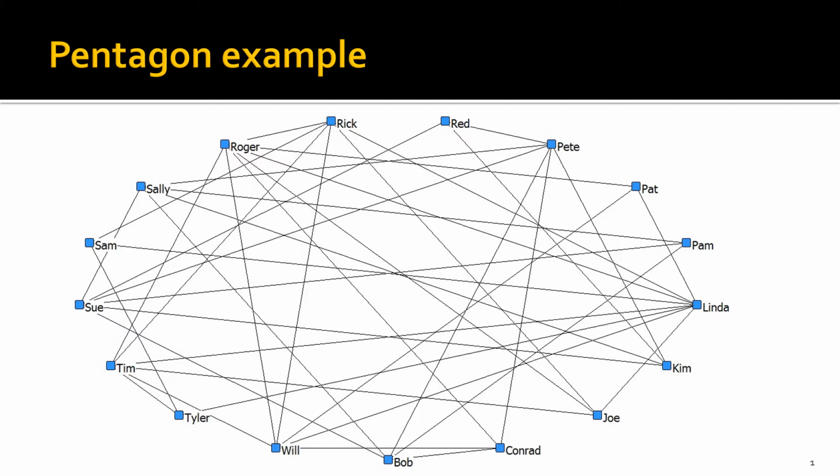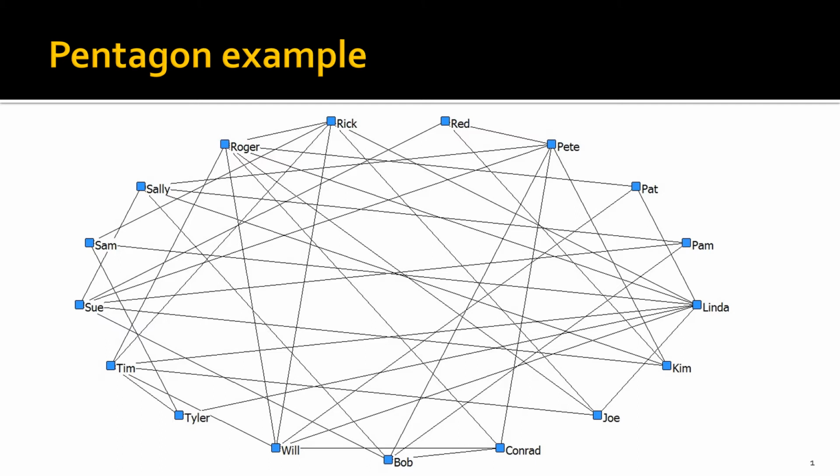So Roger is a new leader of a department within the Pentagon, and he has been charged with getting the team to work together better because they've had some difficulties working together and being successful.